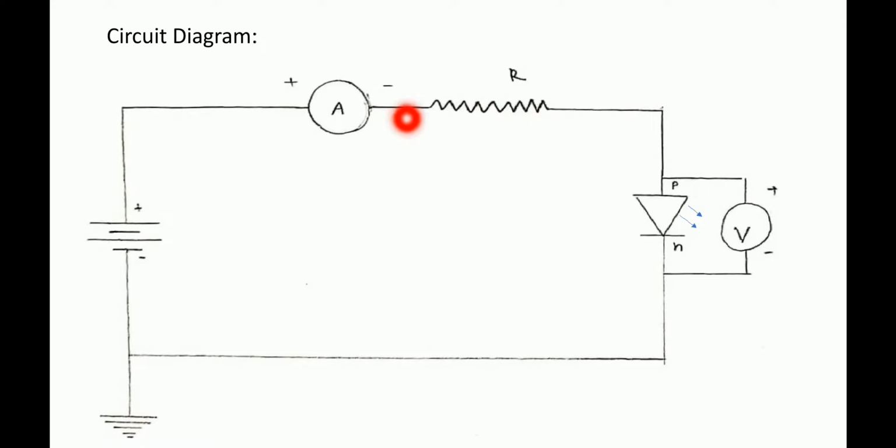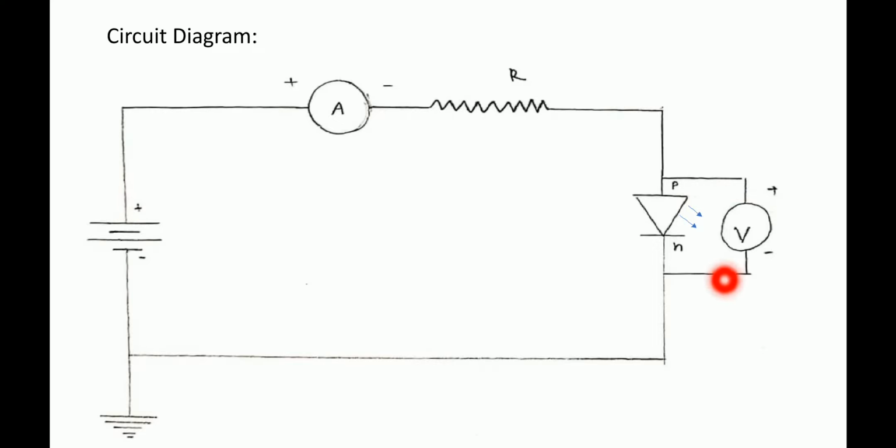Now, another connection is the negative end of the ammeter which is connected to the positive end of the LED, that is anode. Next connection is of the negative end of the LED, that is cathode, is connected to the negative terminal of the battery. Now, moving to the parallel connections, the voltmeter positive end is connected to the battery's positive end.